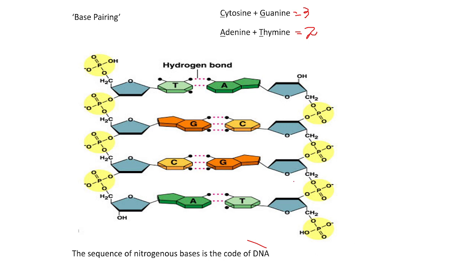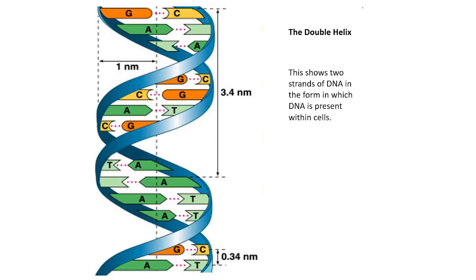So this is the sequence of the nitrogenous bases in the code of DNA, right? If you can see over here, this is 5 prime, and over here you have 3 prime, and during pairing the 5 prime pairs with the 3 prime over here. So this is how it twists.